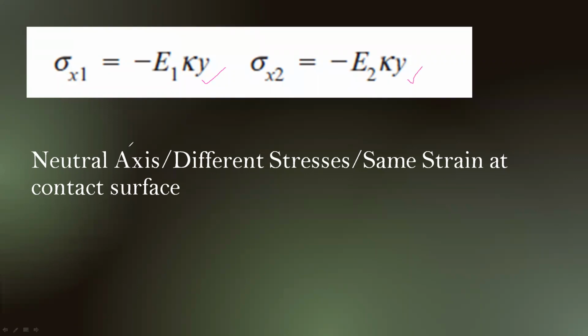If you look, the neutral axis does not pass through the centroidal axis. The values of the stresses are different at the common interface, but the values of the strain are the same at the contact surface. And very important in composite beams is that the neutral axis does not pass through the centroidal axis.